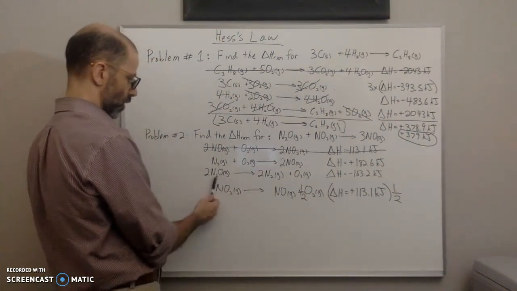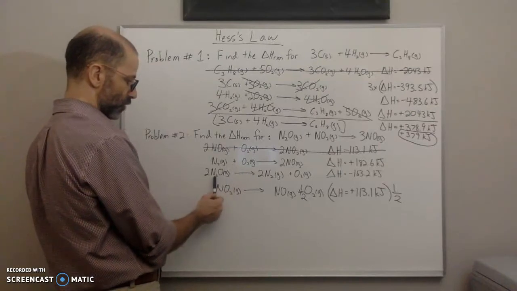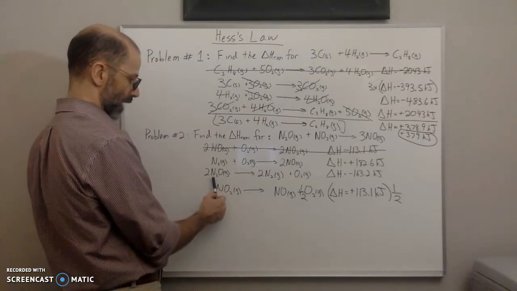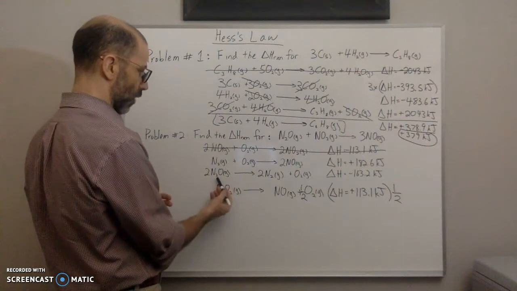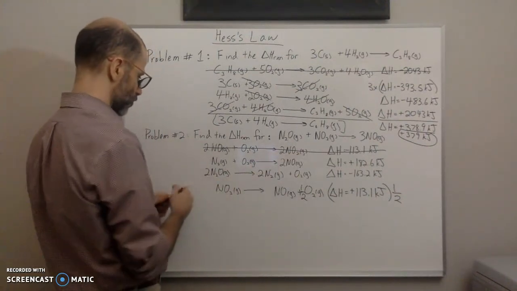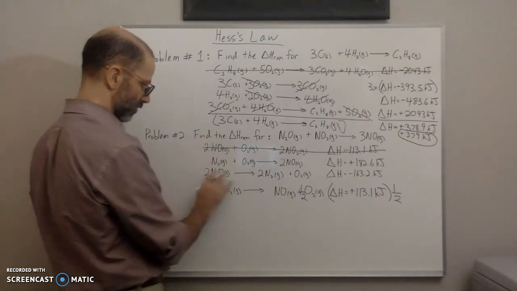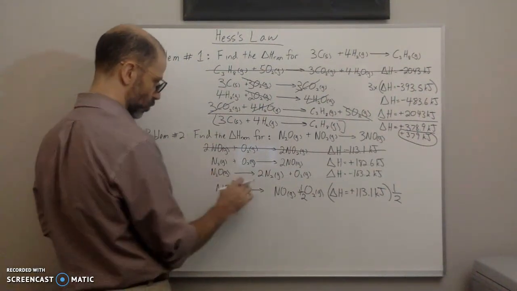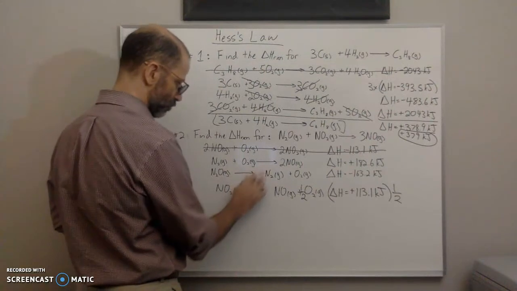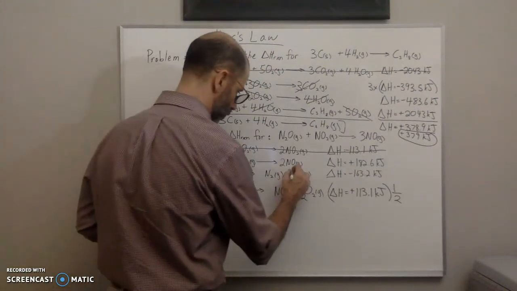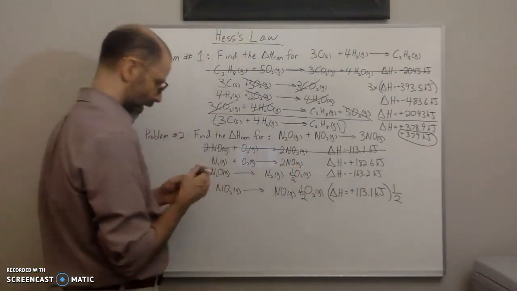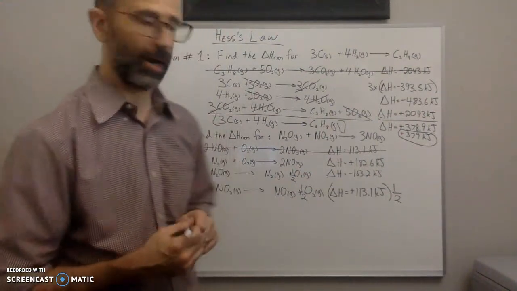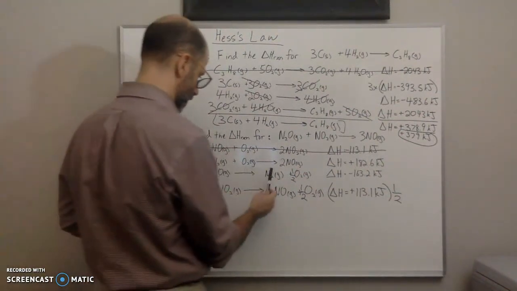And I don't need to switch it around because N2O is a reactant, and that's where I want it. So I can multiply this equation by 1/2. So 2 divided by 2 gives me 1, 2 divided by 2 gives me 1, and I get 1/2 oxygen there.